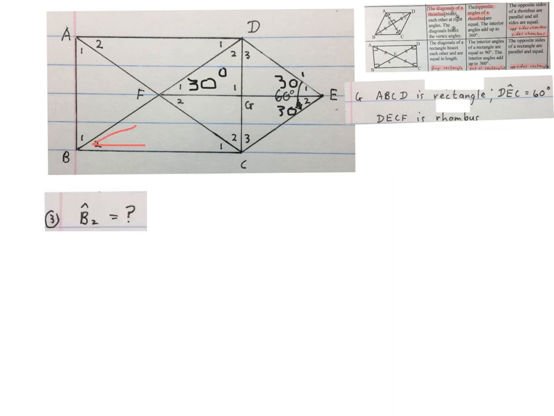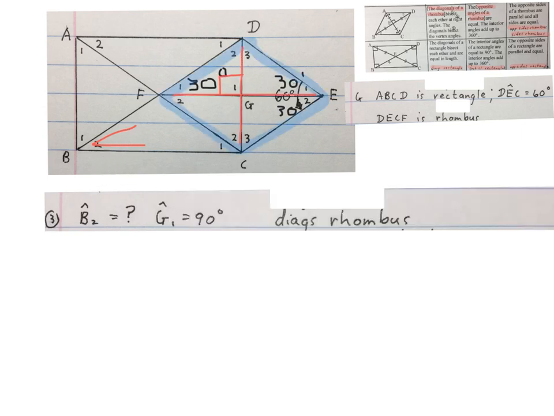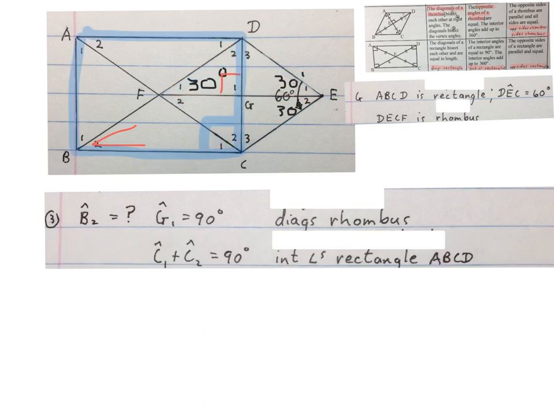Next, they ask us to work out the size of angle B2, that small angle there. You can then write angle G1 is equal to 90 degrees because of the diagonals of a rhombus. One of the features of the diagonals were that they bisect each other perpendicularly.